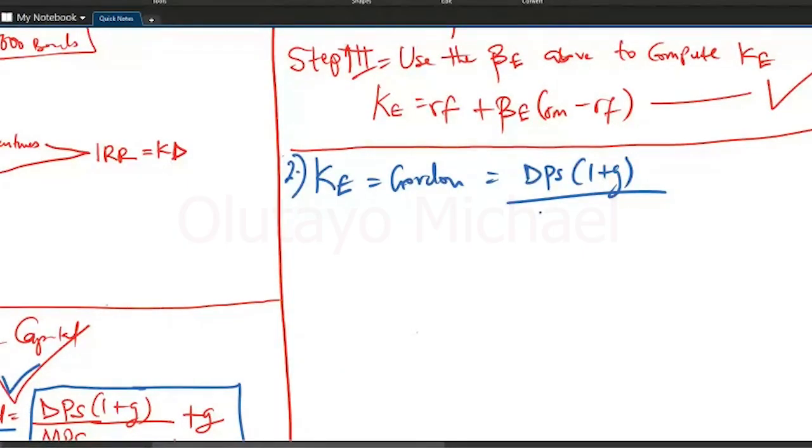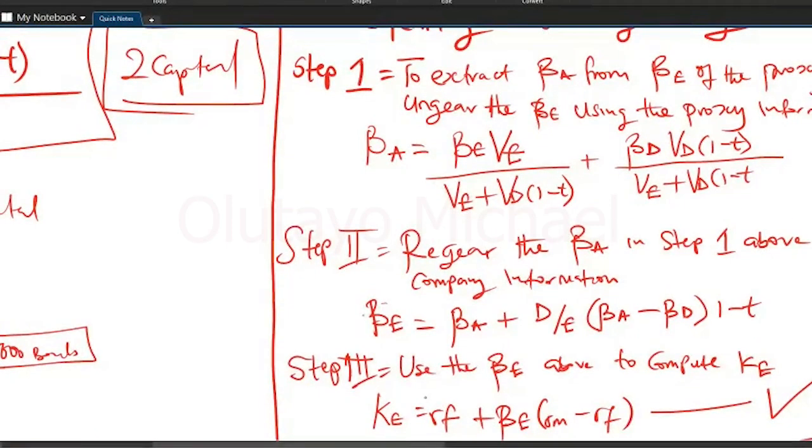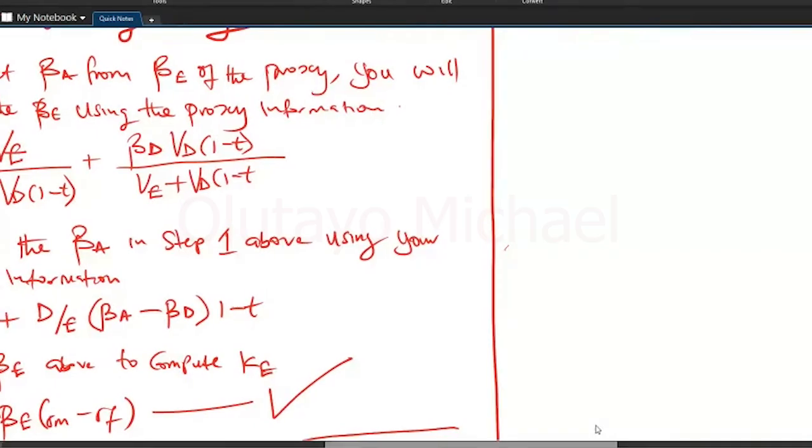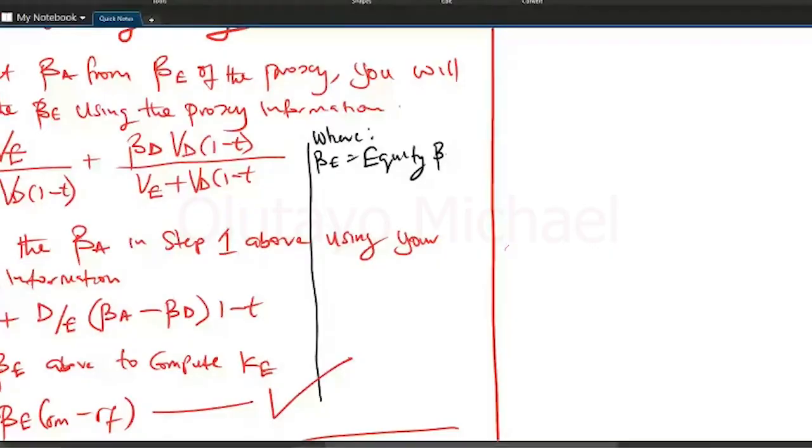Okay, I should label this thing for you guys. Let me label the variables so that beta of equity means equity beta. It's still equity beta, no other name. VE means equity value, that means the value of equity. VD means debt value or value of debt.